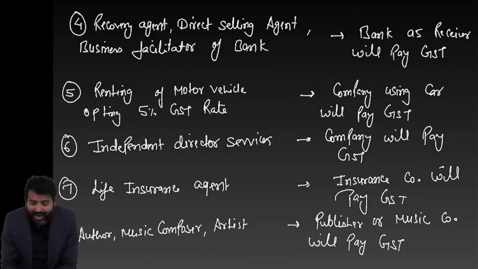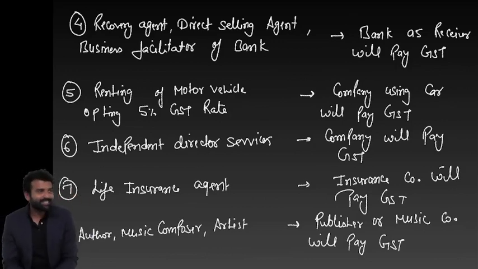There is one more RCM for author, music and composer. Like T-Series. T-Series is producing an album. So T-Series will be receiving services from the author, from the composer, and from the artist. So in all these cases, who will pay GST?